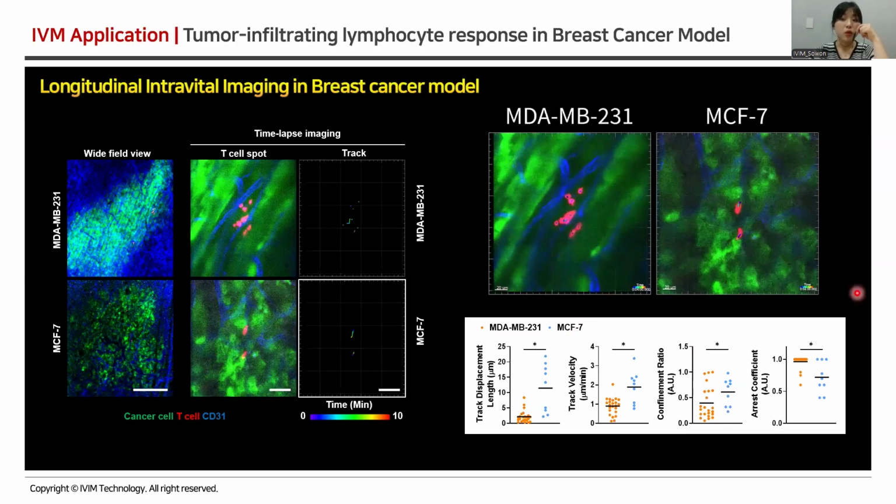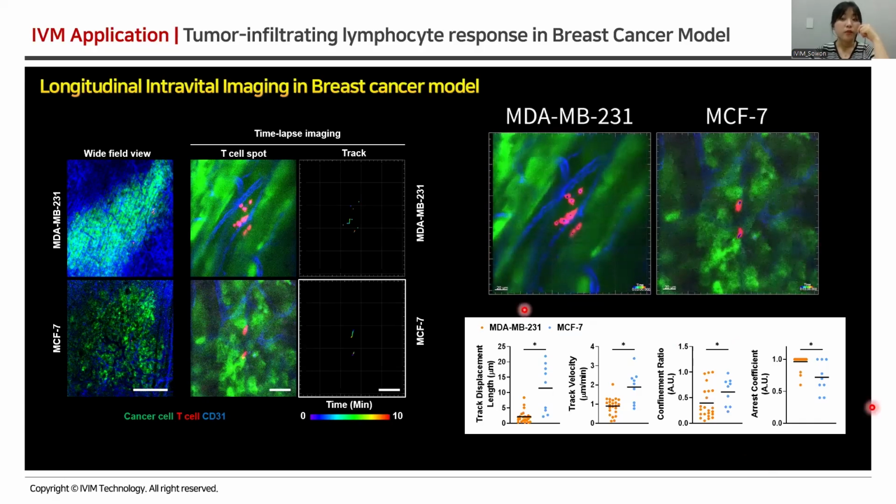In our study, we demonstrate for the first time that this difference can influence TIL motility and activation, as revealed by real-time imaging and quantitative analysis. In fact, T cells in the MCF7 model exhibited higher motility and activation levels, which is also statistically significant.